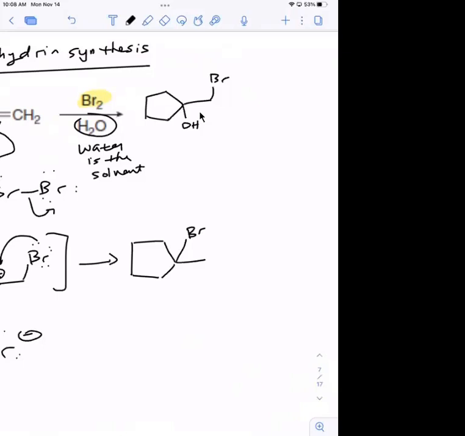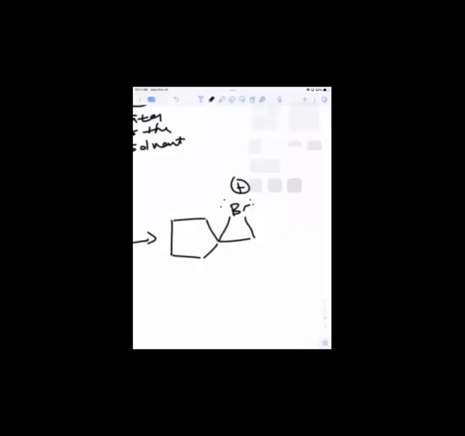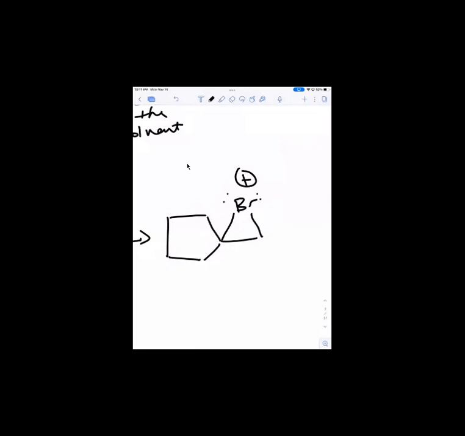All right, so that closes up like that. Anybody know the name? Can somebody give me the name of this intermediate? All right. So we left off right here. You have this bromonium ion intermediate.